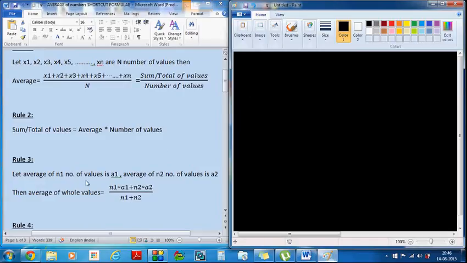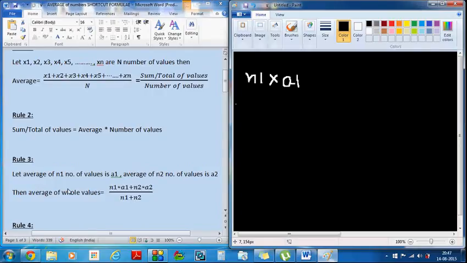The average of n1 number of values is a1. So the sum of n1 number of values will be average into number of values, that is a1 into n1 or n1 into a1, because the average is a1 and the number of values is n1.